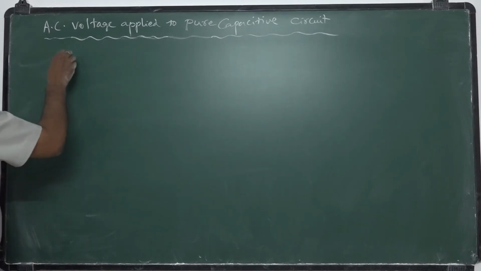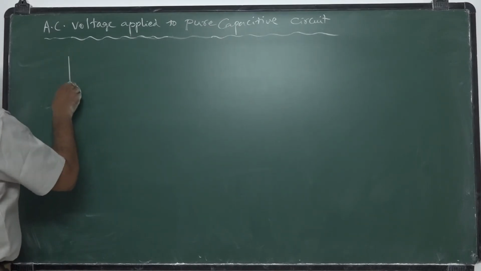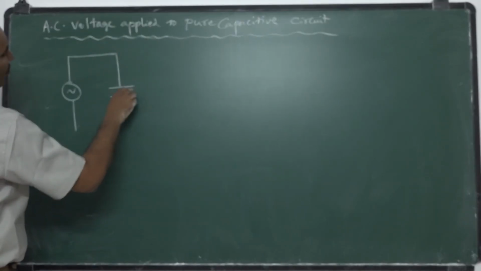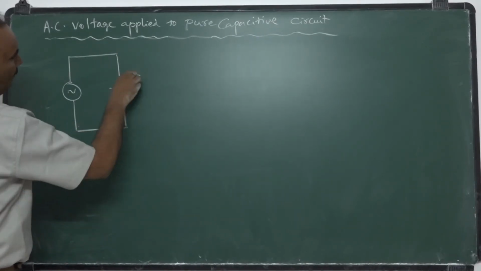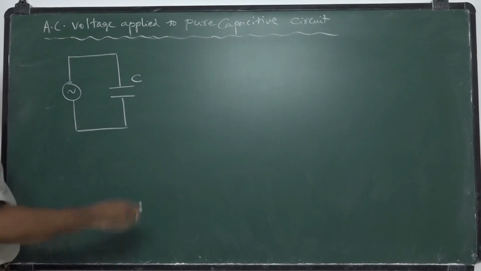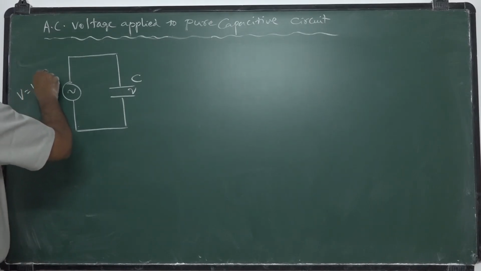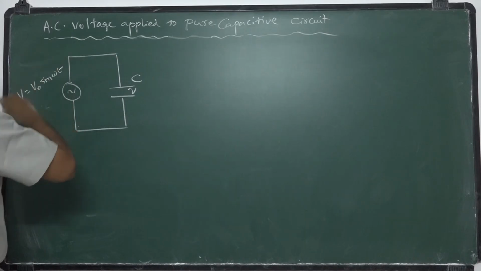So again, let me take an AC voltage source applied to a pure capacitor of capacitance C. It is capable of storing a charge Q inside it at a particular instant of time. Applied voltage is V is equal to V naught sin omega t as usual.